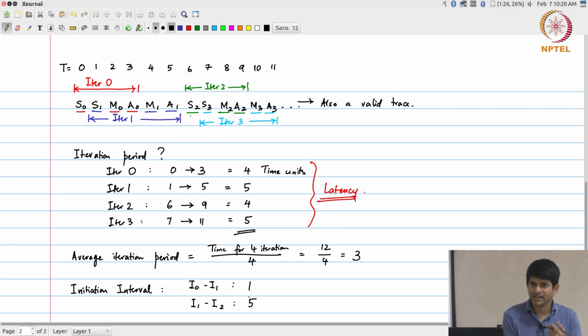But was I able to again start on the very next clock cycle after that? No. Once again I had the problem that I then had to wait until I0 and I1 completed before I2 could start, okay. So I2 essentially goes to 5, 5 time units later.